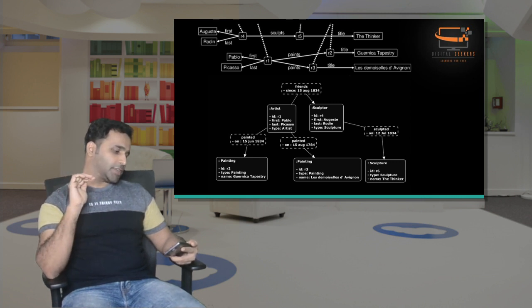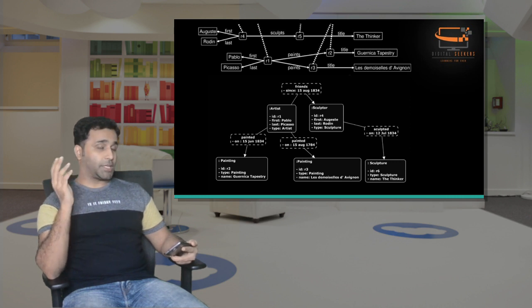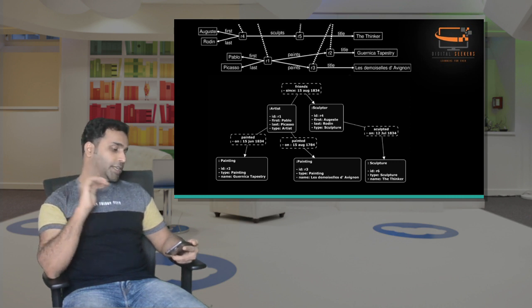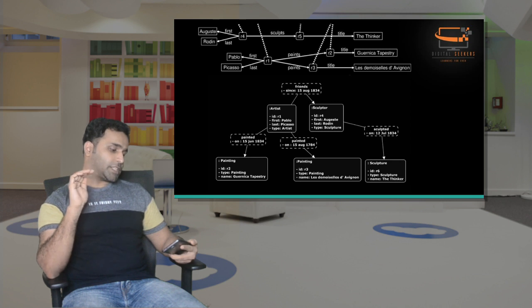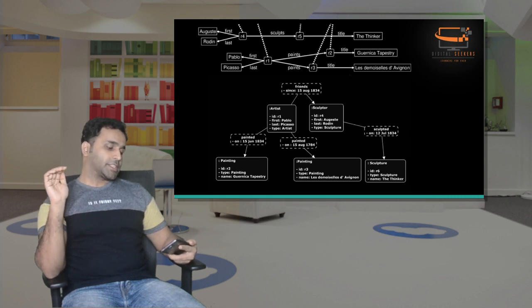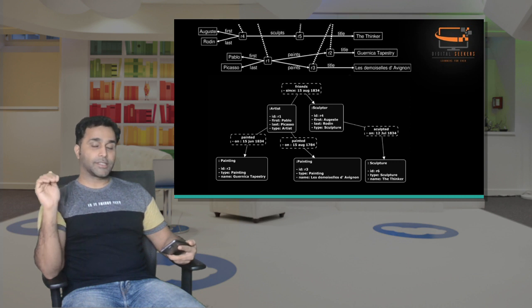So artist R1 with first name Pablo, last name Picasso, who is of type artist, who actually painted painting R2 on 15th June 1834. Similarly, he painted R3 on 15th August 1784. And similarly, we have a sculptor, Auguste Rodin, who sculpted on 12th July 1834 the sculpture The Thinker, R6.